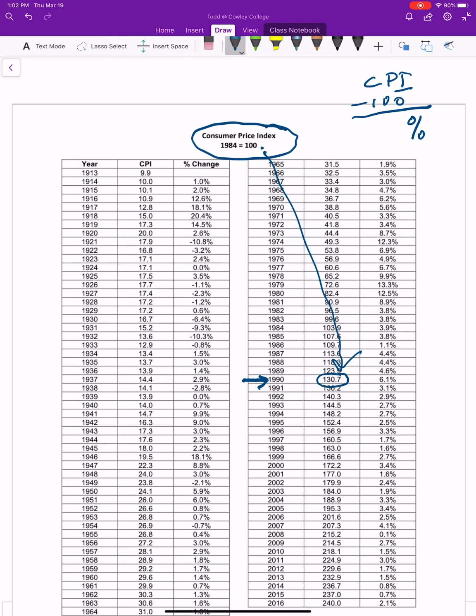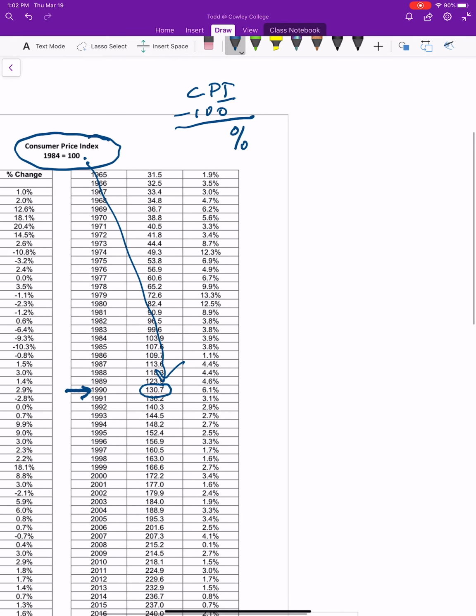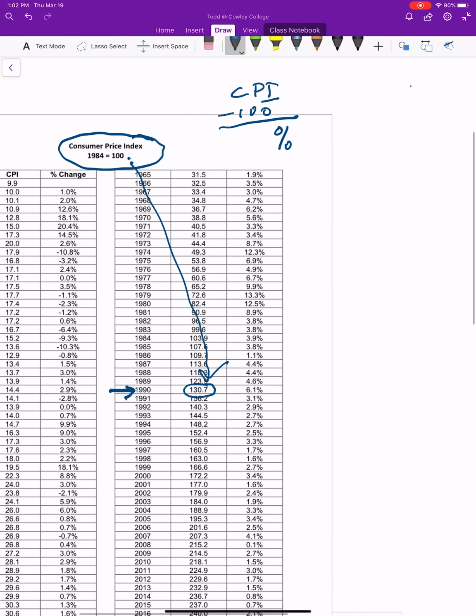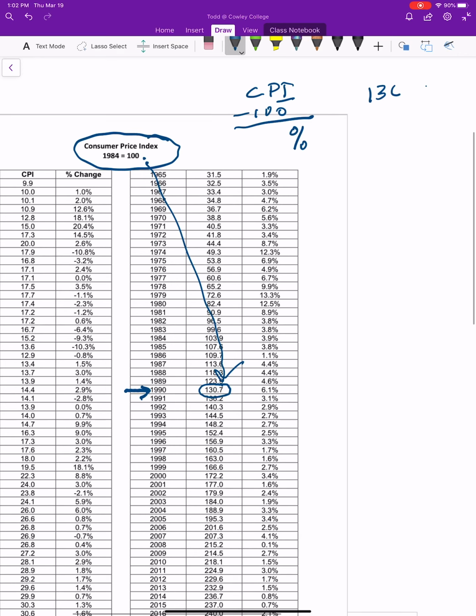So in this case, 130.7 minus 100 gives you 30.7%. You would tell me that average prices have increased 30.7% from 1984 to 1990.